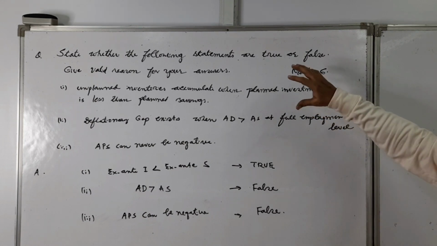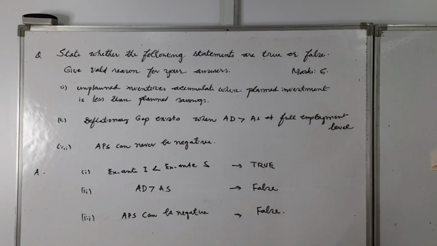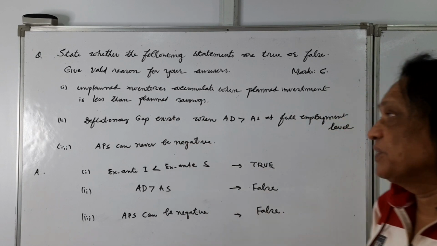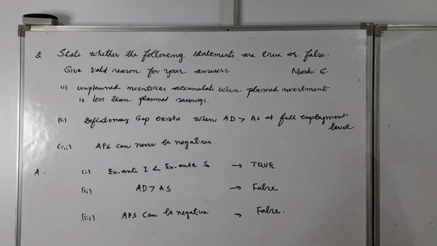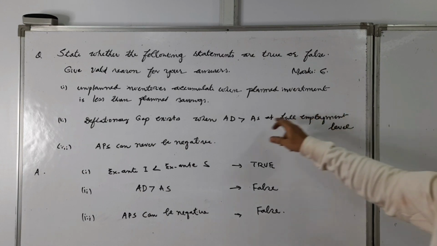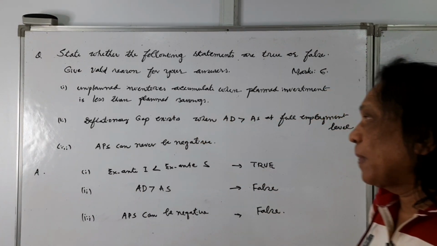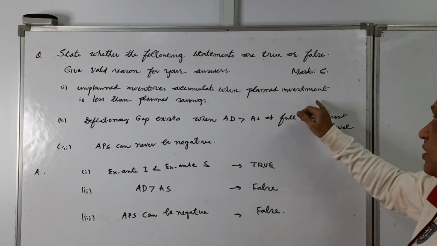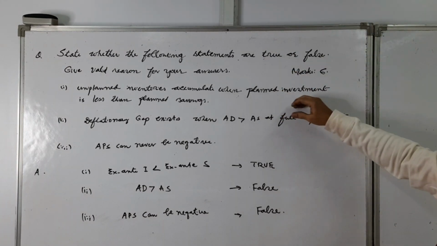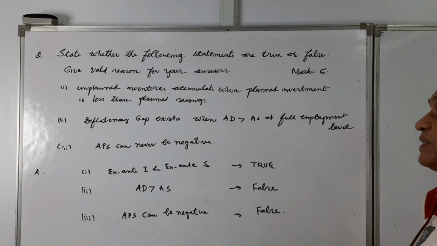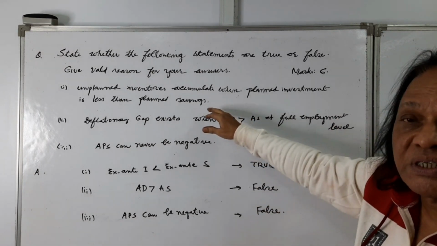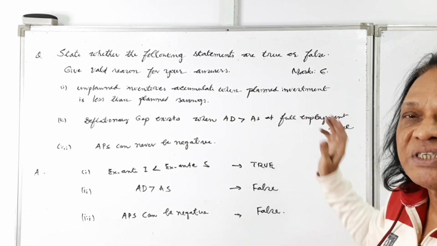State whether the following statements are true or false. Give valid reasons for your answer. Unplanned inventories accumulate when the planned investment is less than planned savings. Put it this way: people are saving more than what is being invested.